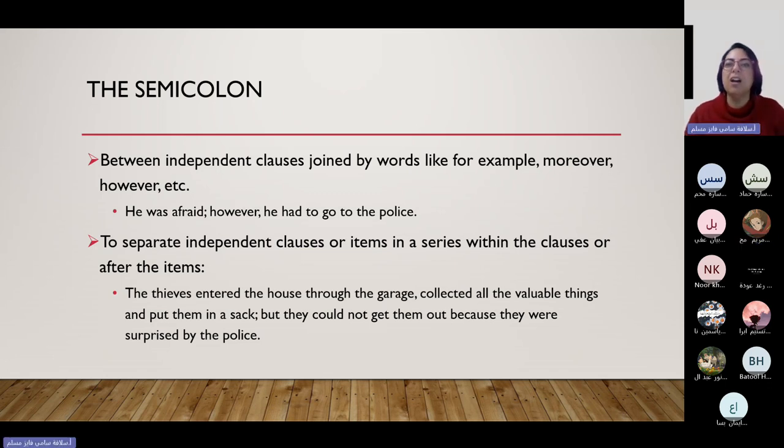Exactly. These are the fanboys that we put between two independent clauses with a semicolon, okay? Or a comma, depends on the sentence. If it's a compound sentence or if it's a simple sentence, okay?